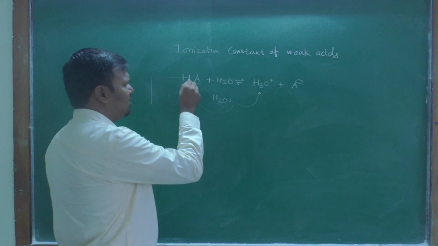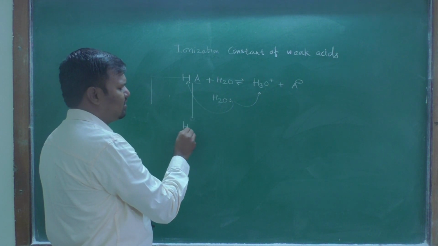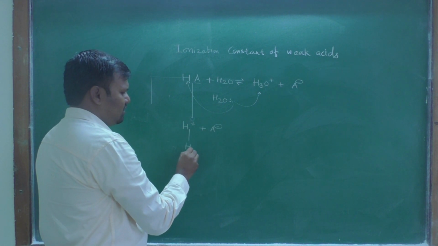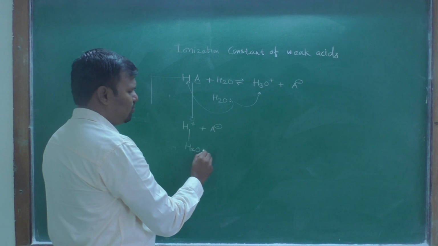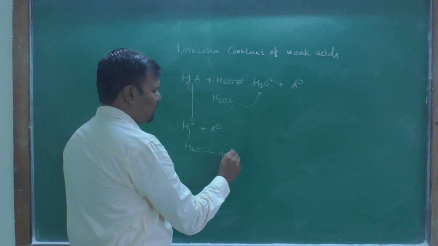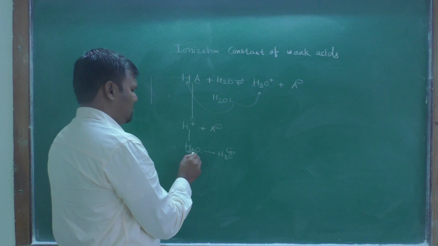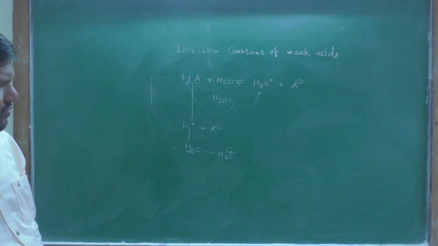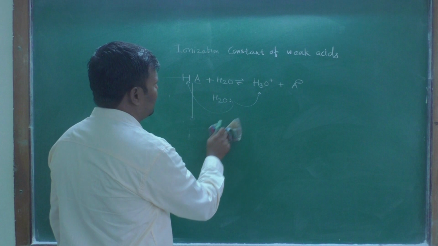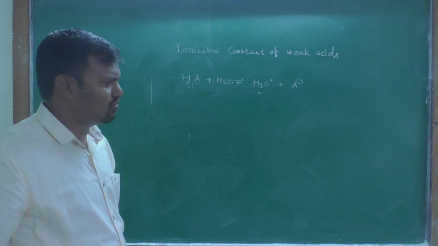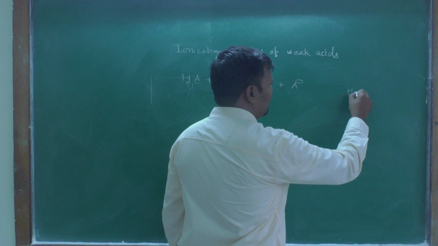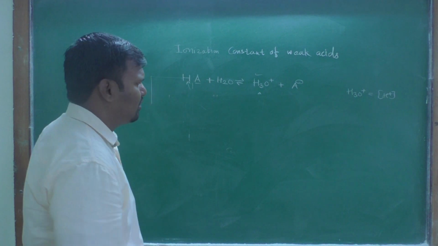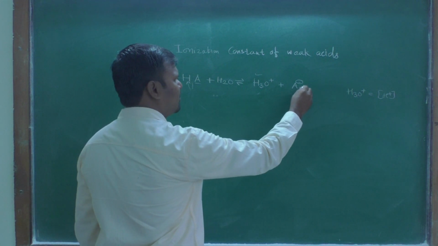Therefore, when the acid dissociates, it gives H plus and A minus, and this H plus combines with H2O to give H3O plus. That is how the hydrogen ion concentration increases in water. Remember that the concentration of H3O plus is nothing but the concentration of H plus.